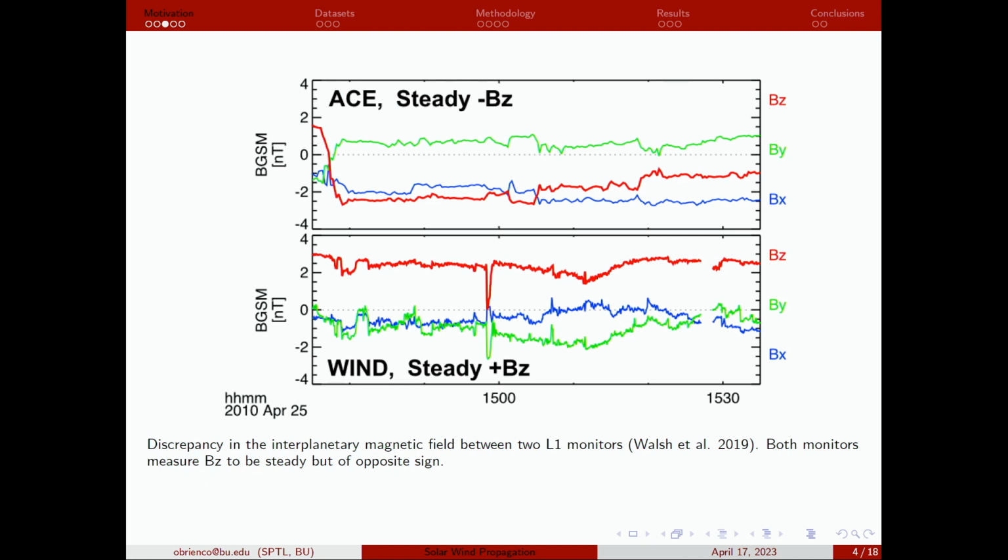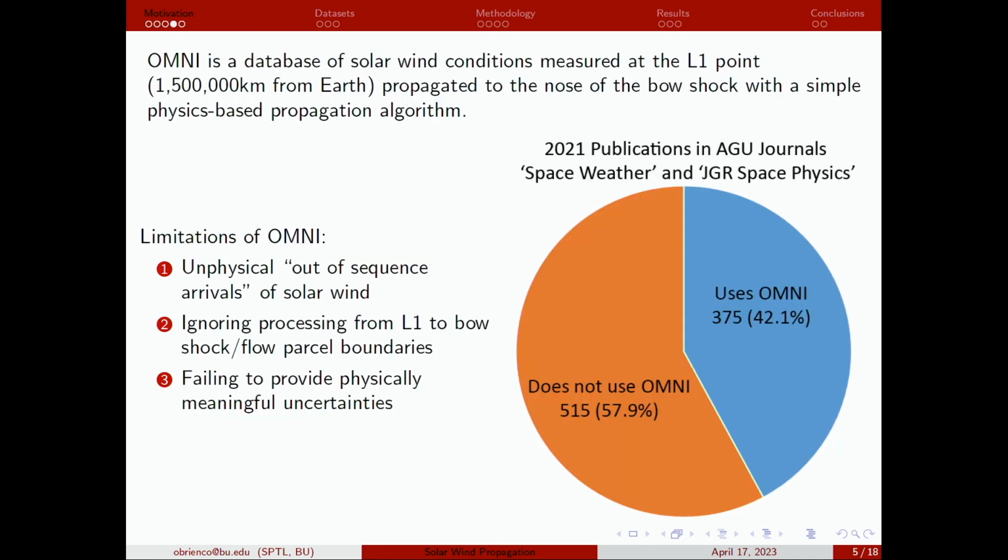And the current propagation algorithms, which you may have heard of, called Omni, or rather these algorithms are used to assemble the Omni database, are these solar wind conditions measured by the solar wind monitors at the L1 point that are then propagated to the bow shock with a simple physics-based analytical algorithm.